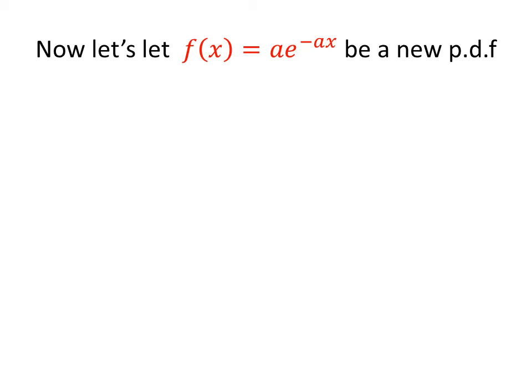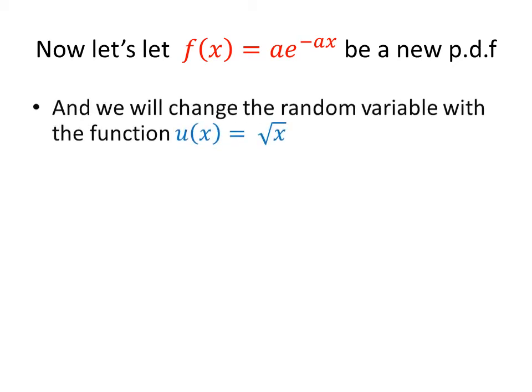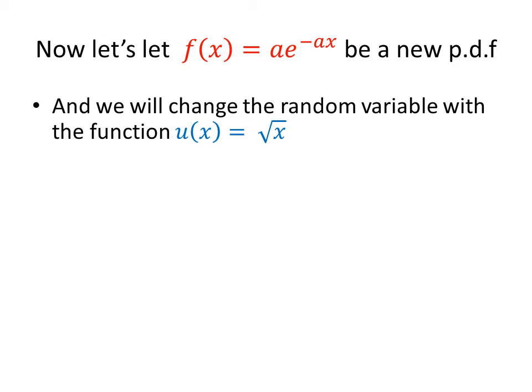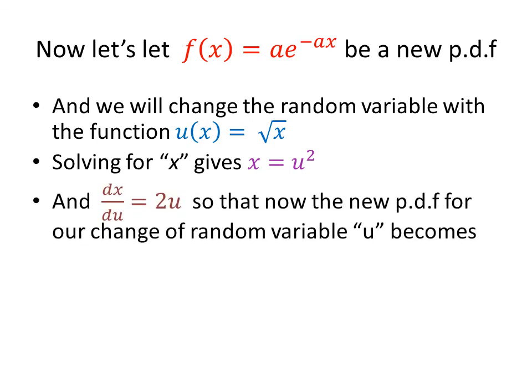Let's let this function f of x equal a times e to the negative ax be our new original probability density function. And what we're going to do, we're going to change this random variable with the function u of x equal the square root of x, and see what very interesting results that we get. Again, going through the process, we solve for x and get x equal u squared. Find the derivative of x with respect to u. Very simple.